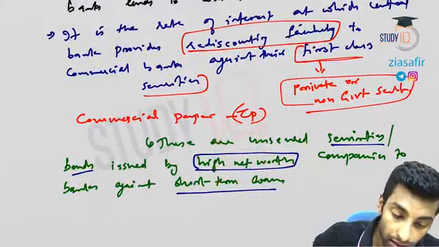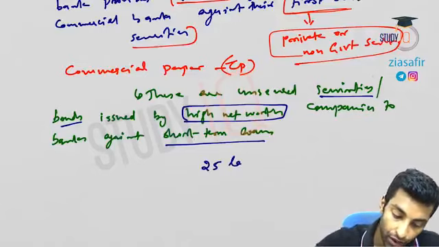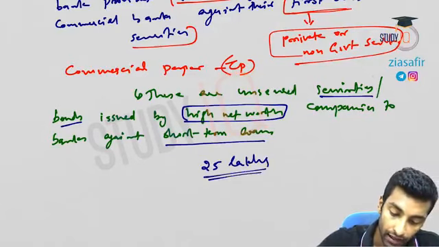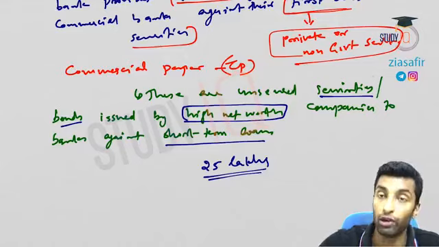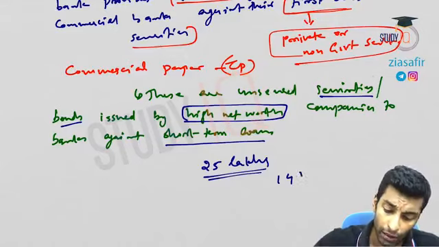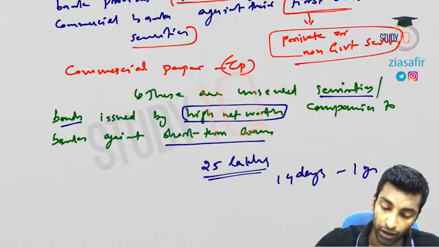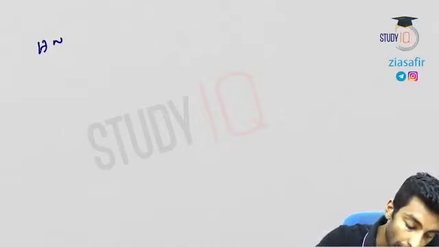So now I'll explain this what is rediscounting, right? I'll explain rediscounting, but before that I'll explain what is discounting, or I'll explain first how the banks buy bonds. Now these are issued for a minimum value of 25 lakhs at a discount. Okay, minimum value of 25 lakhs at a discount, and the maturity period varies from 14 days to 1 year. So there's a short term capital for the net worth companies. Now how it will happen?